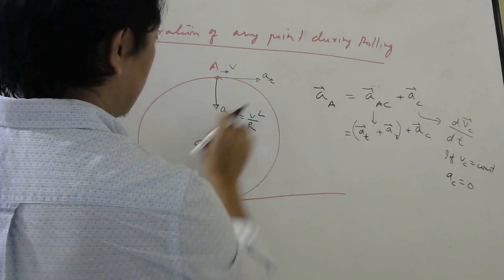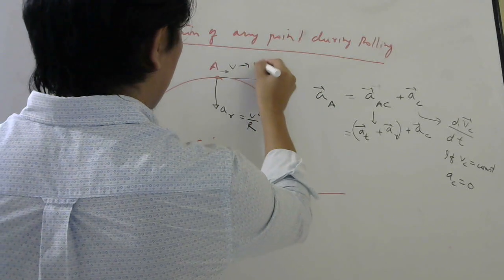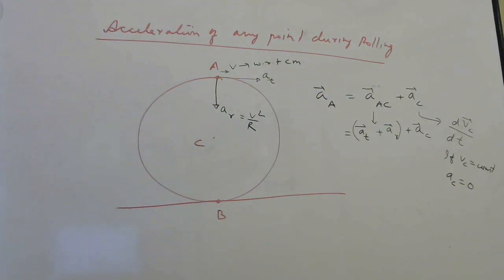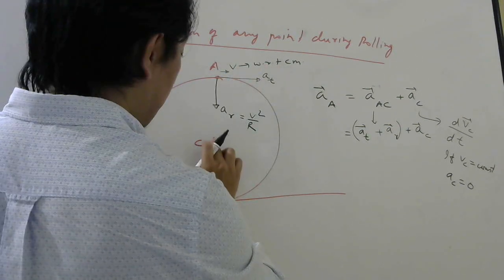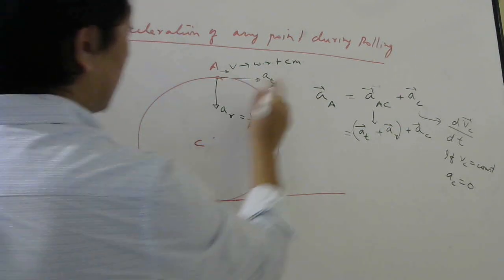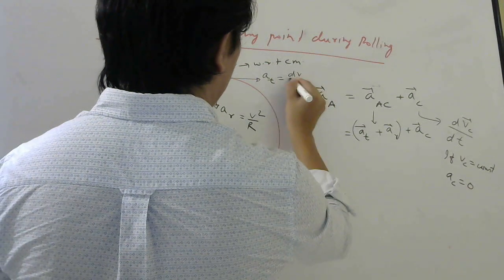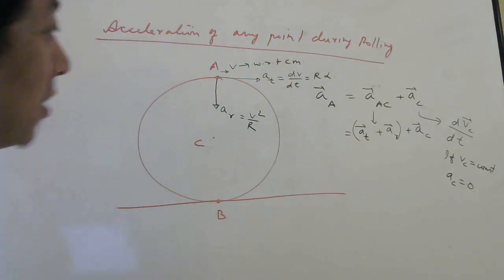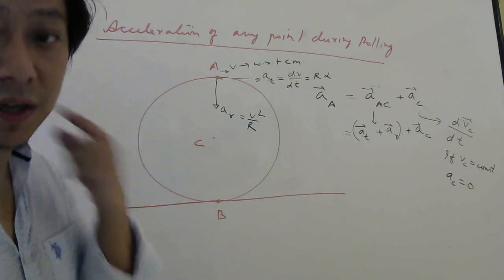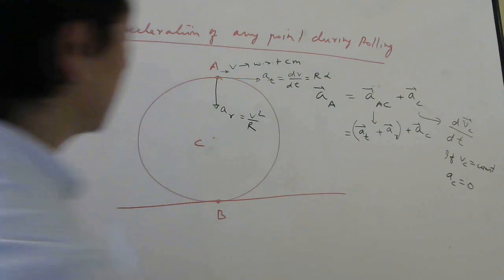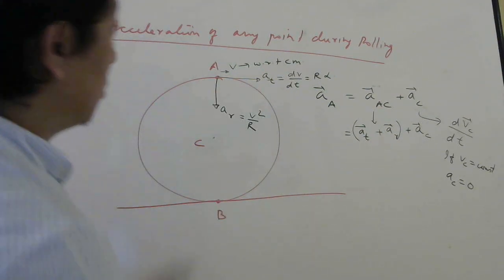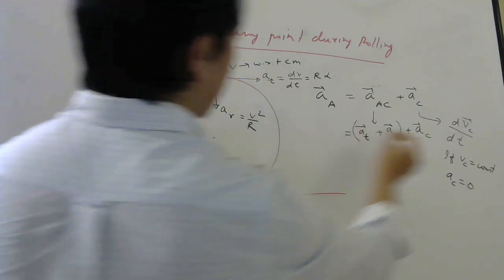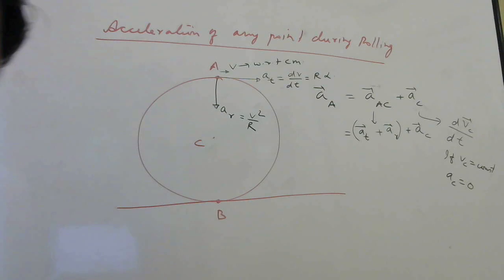Which v you have to use? v with respect to center of mass, because only in center of mass frame it is going round. And the tangential part will be dv by dt, which you can also write as r alpha, because v you can write as r omega, right? Okay, fine. So you have to add this acceleration with this acceleration and this acceleration. Okay students, fine.